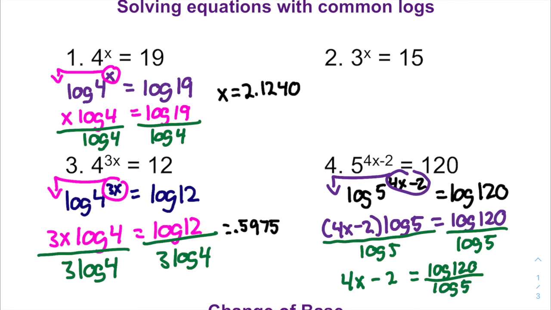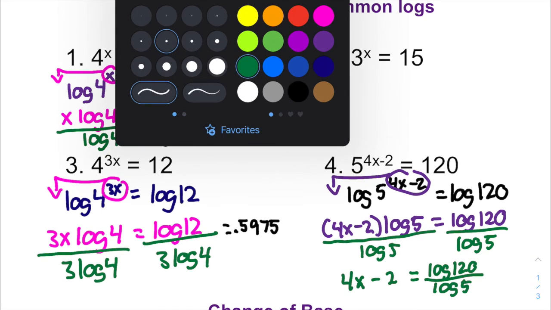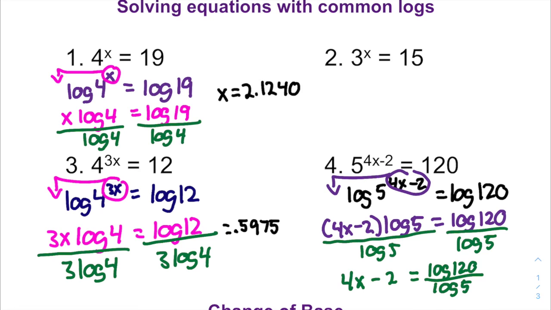We still need to add the 2 and divide by the 4 to then solve for x. However, in your calculator, I would recommend doing this all in one shot. I would divide log 120 by log 5 and click enter. Add 2 onto the answer and then divide by 4 after that to solve for x, which is our decimal 1.2437.